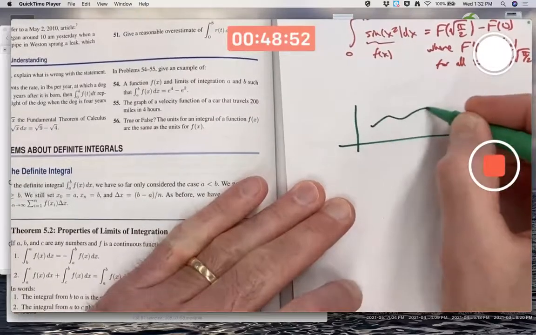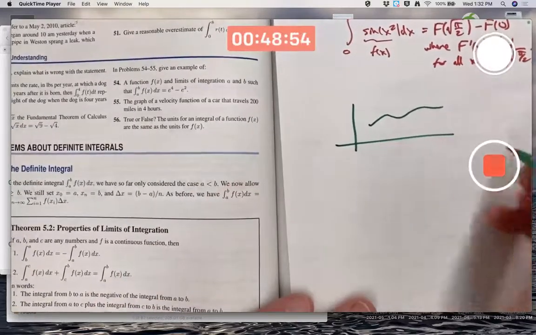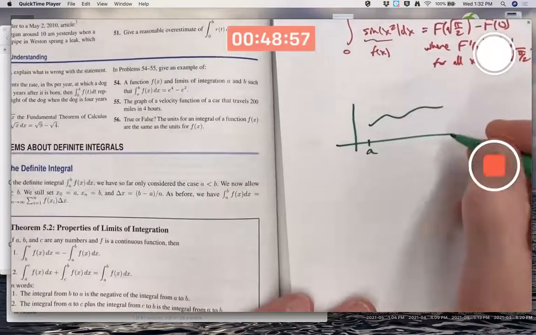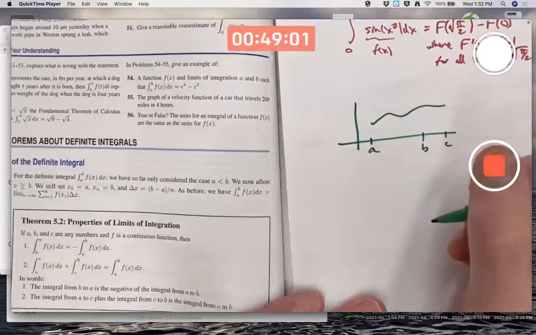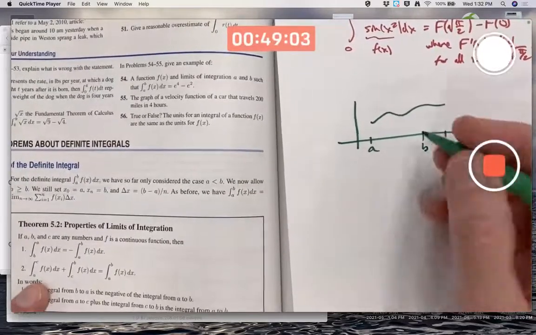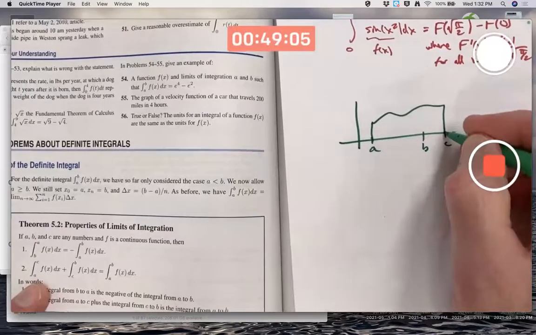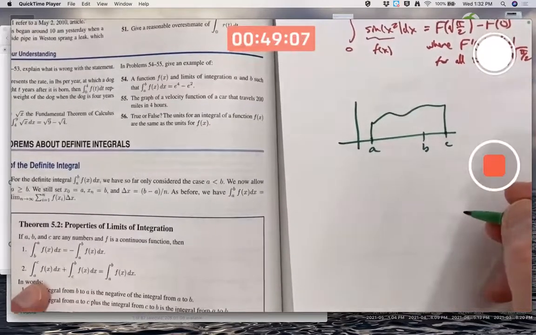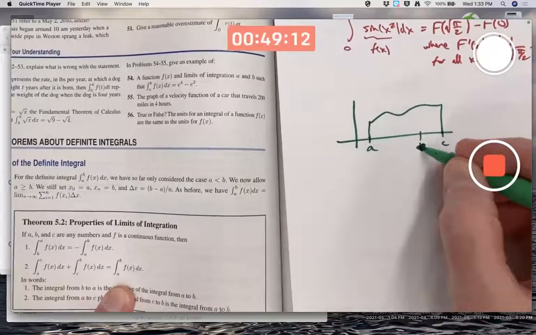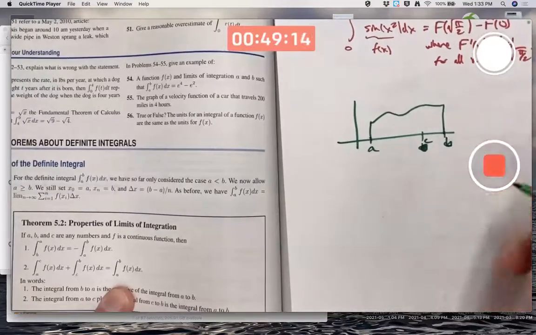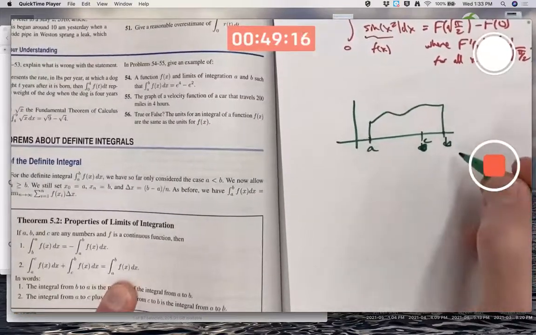It's easiest to think about if the graph is above the axis. If this is A here, B here, and C here, the integral from A to C is the total area under the curve. Excuse me, that's the integral from A to B. Let's change this labeling. Let's make that a C and this a B. The integral from A to B is the total area under the curve.